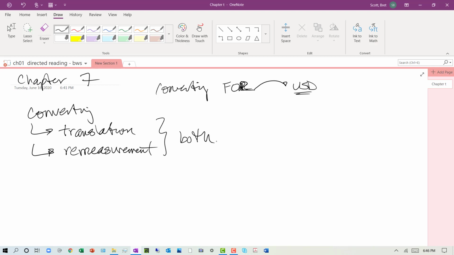So we've got three different processes by which we're converting a foreign company's foreign currency denominated information into US dollars. So what are the three different scenarios that we're looking at here?